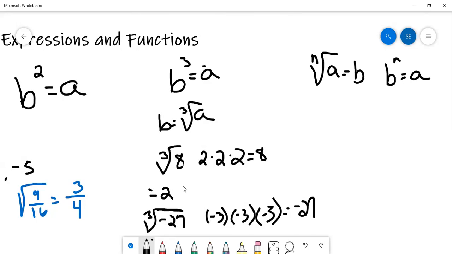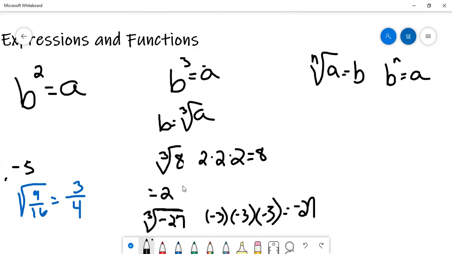Okay? If you take the even root of a negative number, that is never a real number. Just like the square root of negative 25 doesn't work, because the question is what squared gets you negative 25? Nothing squared is ever going to give you a negative number. Okay?